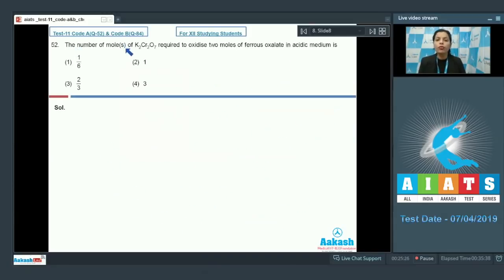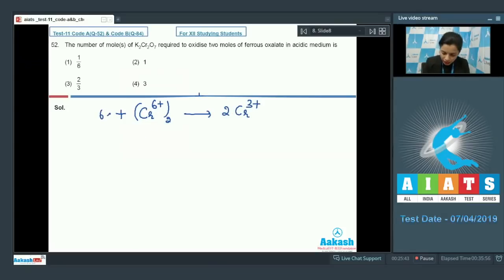Question number 52. The number of moles of K2Cr2O7 required to oxidize 2 moles of ferrous oxalate in acidic medium is. We have K2Cr2O7 in acidic medium. It means what happened to this? In acidic medium, it gets reduced to chromium ions this way.